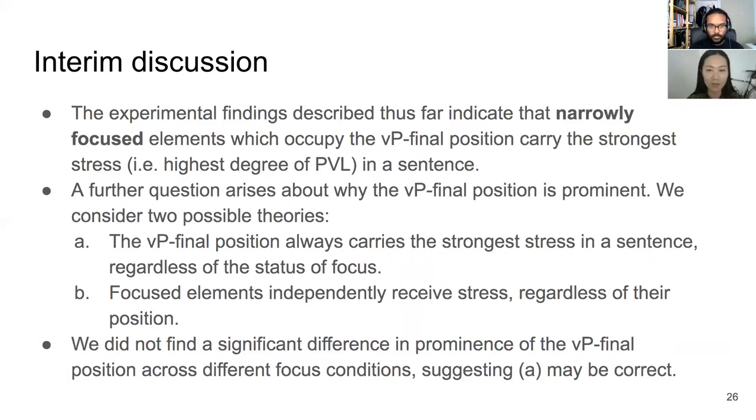One is the VP final position always carries the strongest stress in a sentence, regardless of focus status. And the second is focused elements independently receive stress regardless of position. To preview the result, we didn't find any significant difference in prominence of the VP final position across focus conditions, suggesting A may be correct.